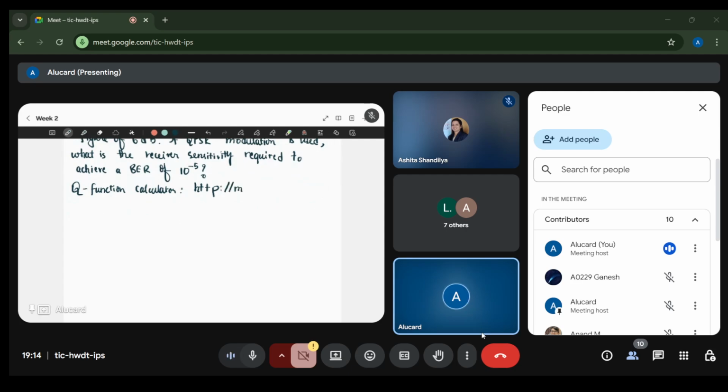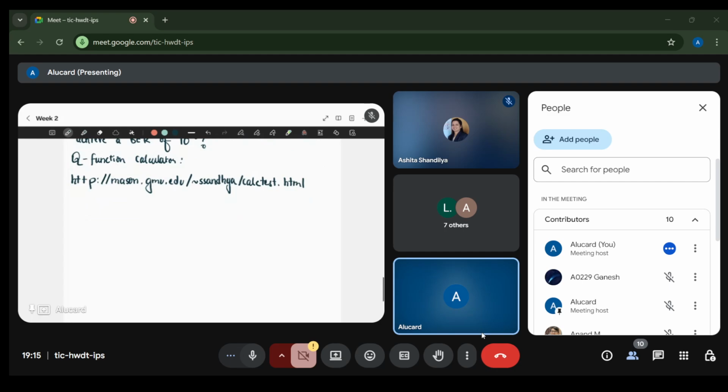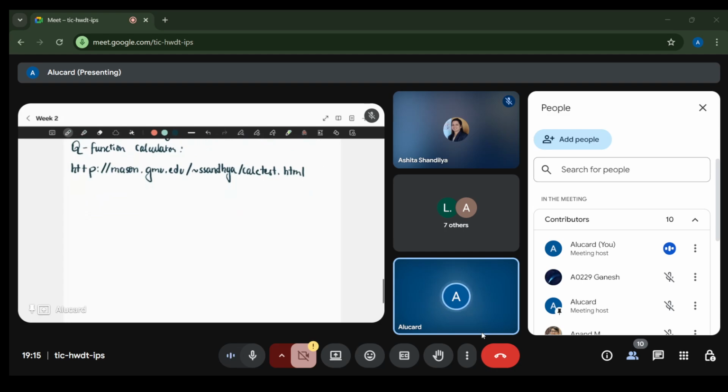You can find a Q function calculator, inverse Q function also is there. You can find it easily in that link.